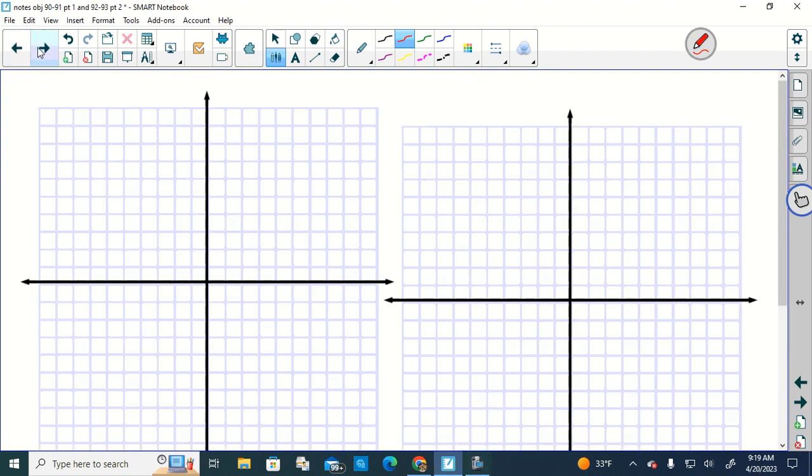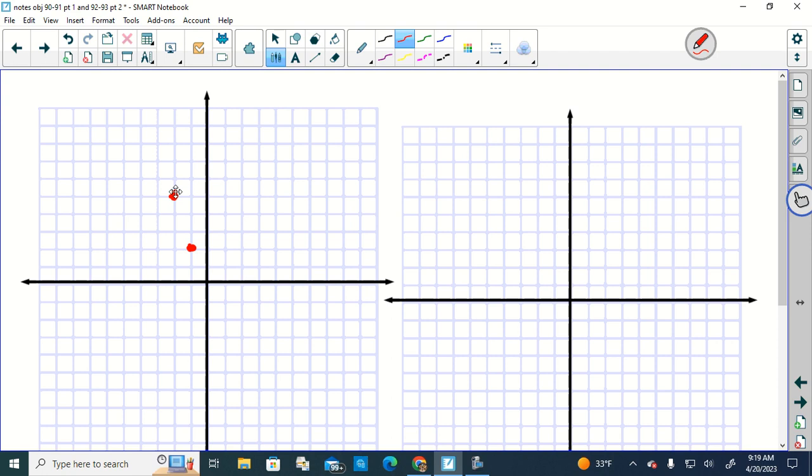Okay, so I'm moving to an actual graph, so you can have yours just sketched on your paper. So the first one was a negative 2 up 5. So I'm going over 2, so 1, 2, up 1, 2, 3, 4, 5. So I got right there. And then I had a negative 1 up 2, so negative 1 up 2.